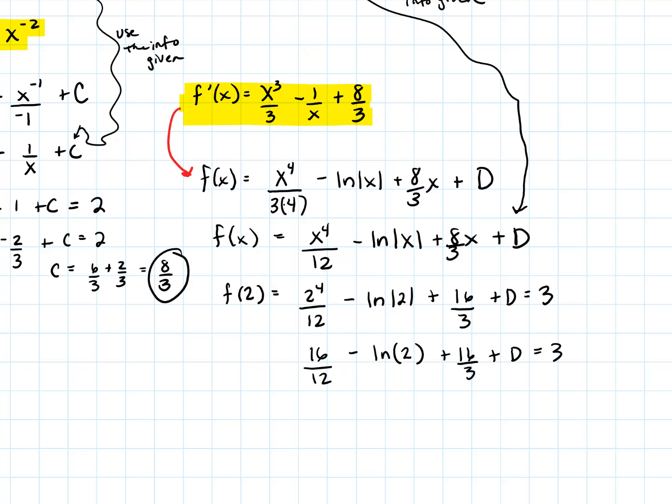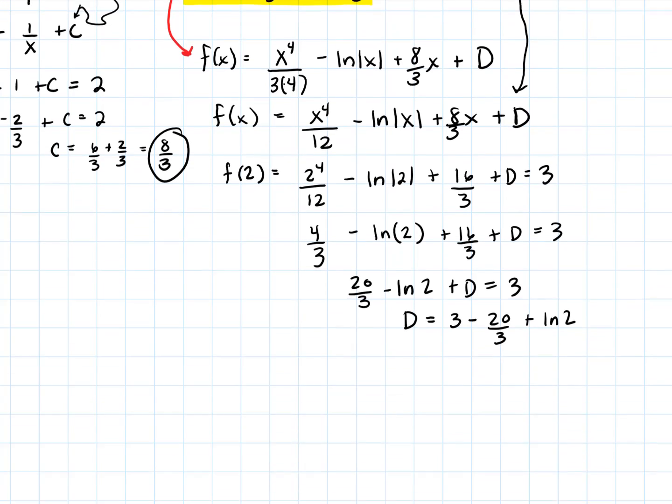The 16/12 is going to reduce to 4/3. And let's see here, we can add those, so we get 20 thirds minus ln of 2 plus d equals 3. If we're going to subtract those over, so d would be 3 minus 20 thirds plus ln of 2.